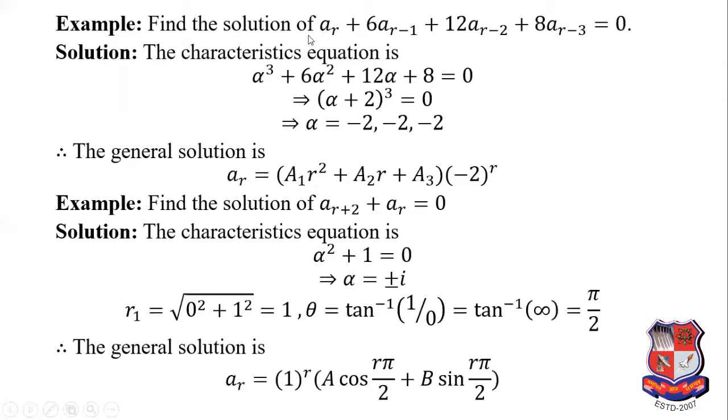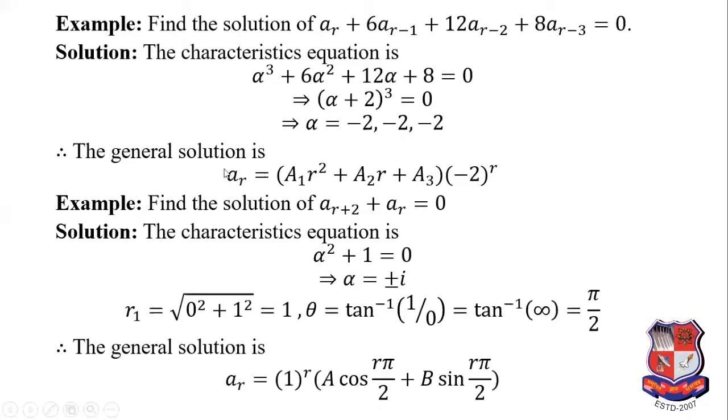Here, this recurrence relation is of order 3. So the characteristic equation is alpha cube plus 6 alpha square plus 12 alpha plus 8 equal to 0, and the root for that is nothing but minus 2, which repeats 3 times.